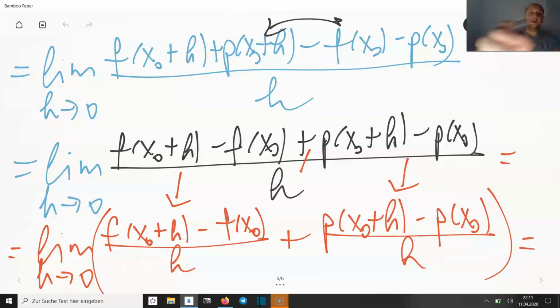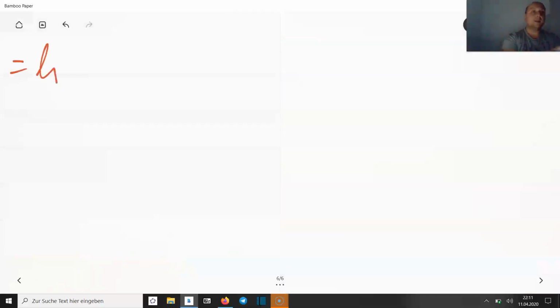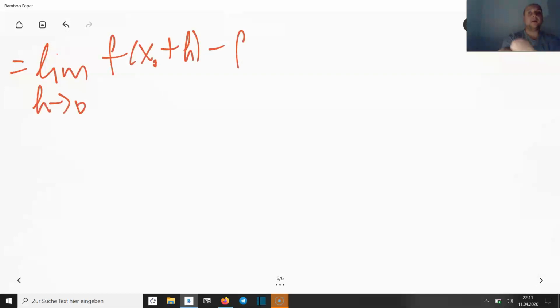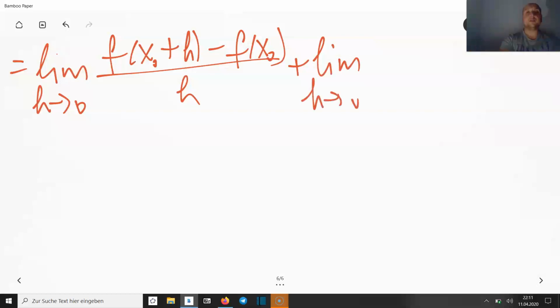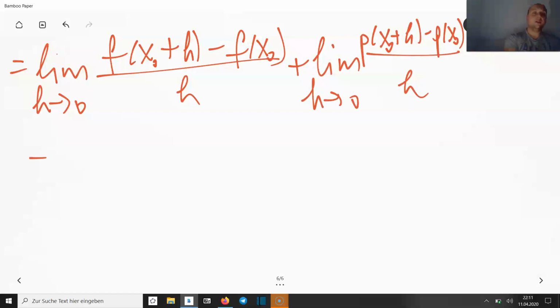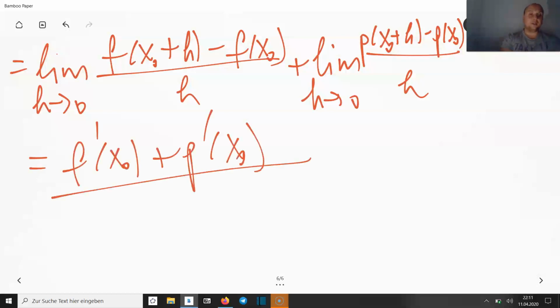So that means we have here a limit h towards 0 of f of x0 plus h minus f of x0 divided over h plus a limit h towards 0 of p of x0 plus h minus p of x0 divided over h, which gives us f prime at x0 plus p prime of x0 by the definition.